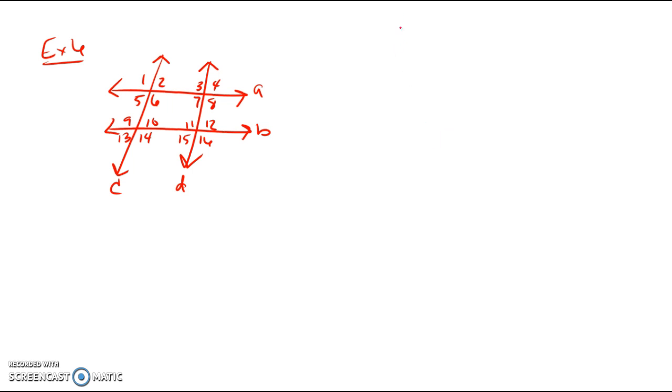And so what we want to know, I'm going to give us statements, and we're going to put them, either they prove A is parallel to B, or they prove that C is parallel to D. So the first statement I'm going to give us is that angle 2 is congruent to angle 10. So here's angle 2, here's angle 10.